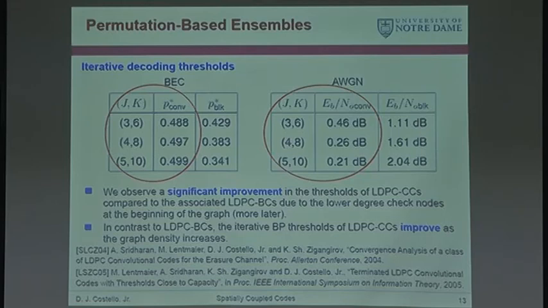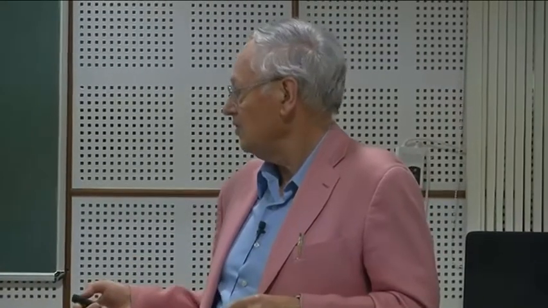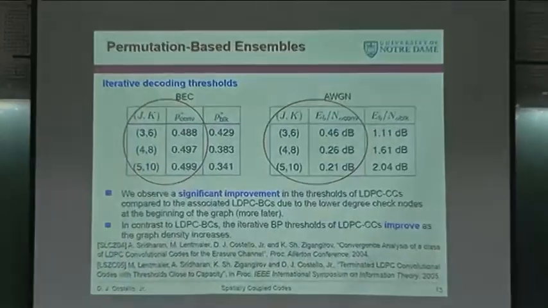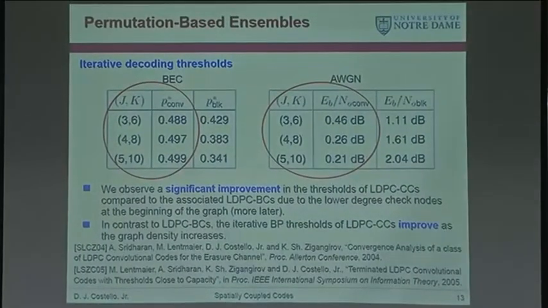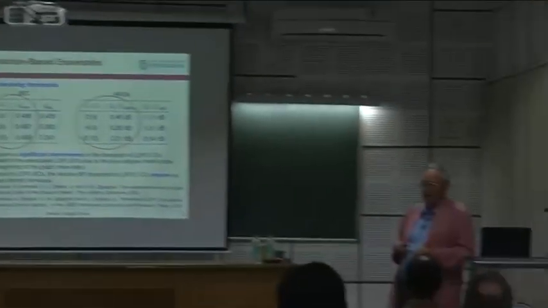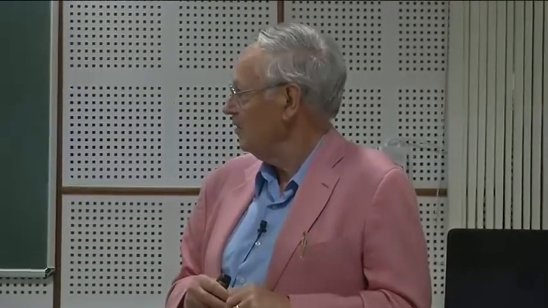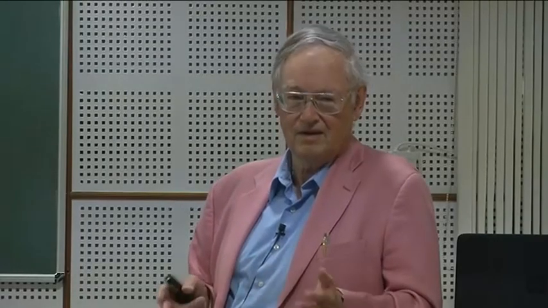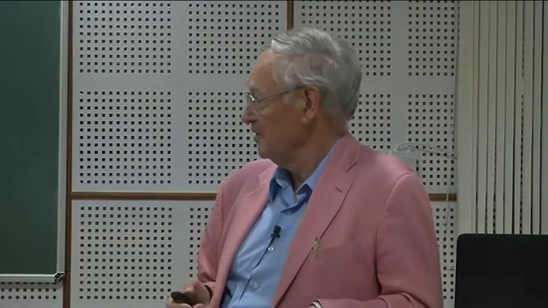The regular codes also have nice implementation complexity compared to the irregular, and the spatially coupled regular codes maintain that except for this small irregularity at the end. That's why, with LDPC convolutional codes, I've started using the term spatially coupled. They're interchangeable terms.